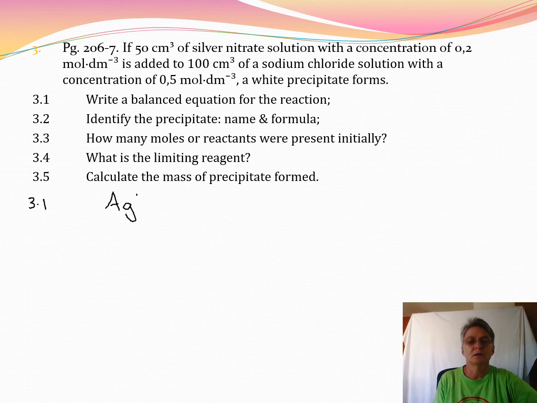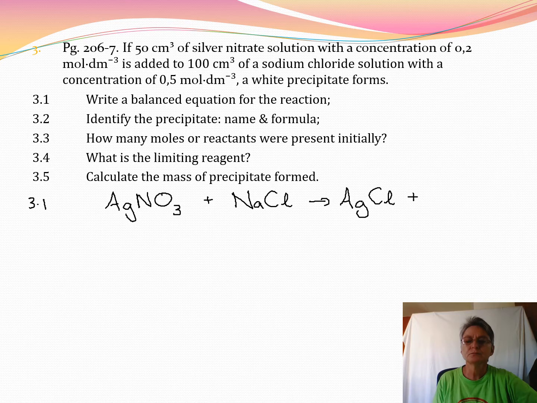Silver nitrate plus sodium chloride will form silver chloride and sodium nitrate. It's an ion exchange reaction during which a precipitate is formed.